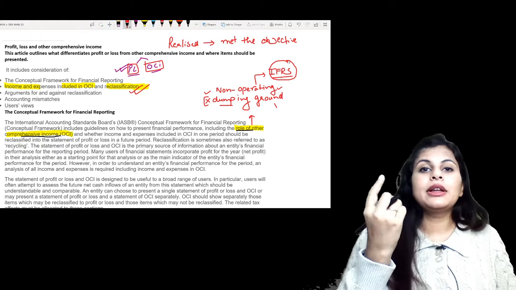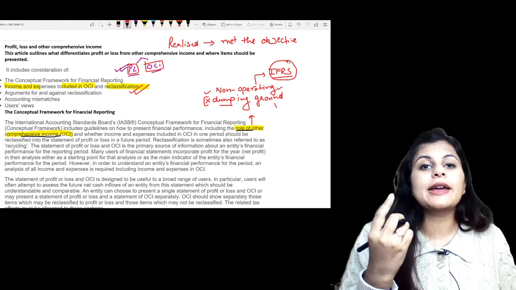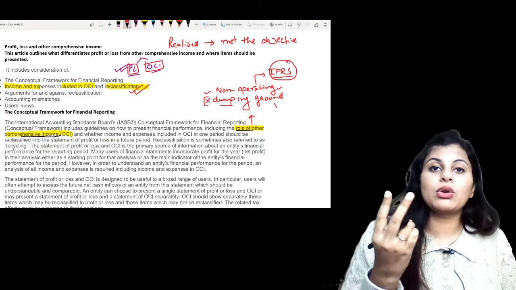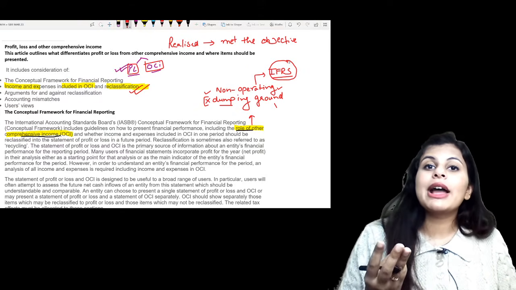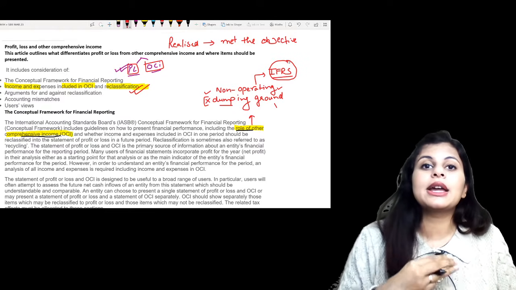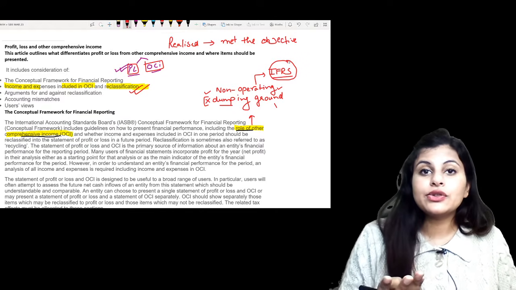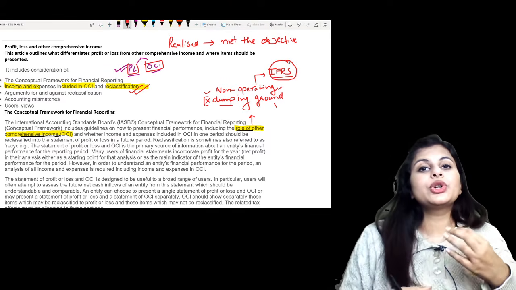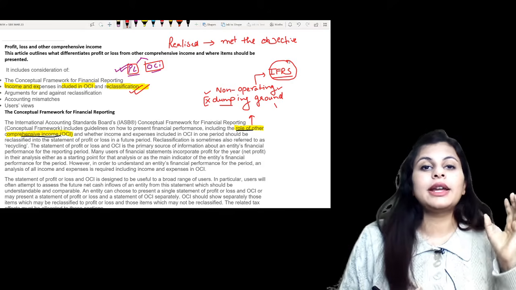For example, revaluation gain on IAS 16 and IAS 38 goes through OCI. Then you have IFRS 9, where some equity instruments are held under fair value through OCI. Then you have your debt instruments held under fair value through OCI. So you have many such things which go to other comprehensive income.